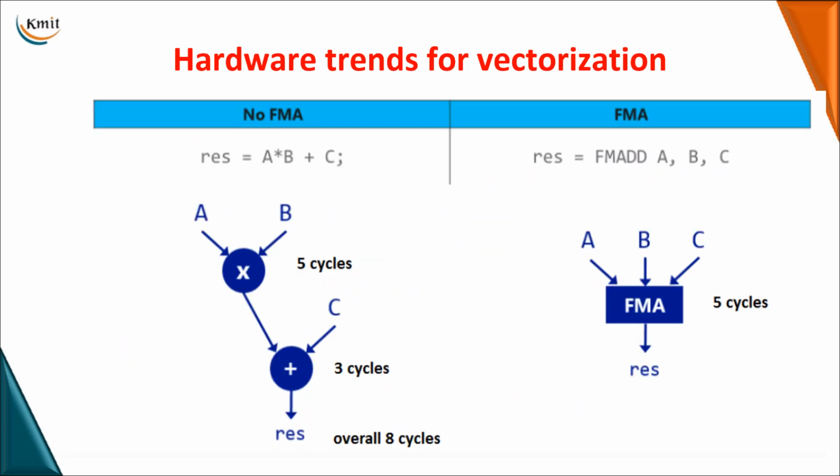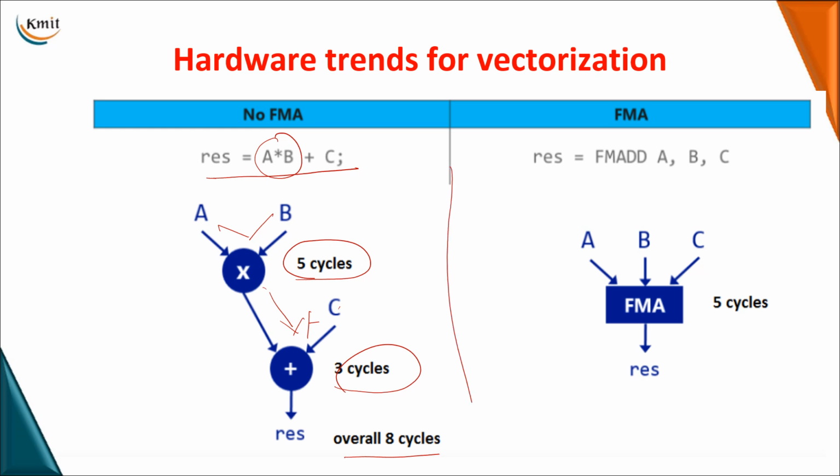Let me first discuss FMA here. Assume I have an instruction where I want to compute A into B plus C. Now here I don't have any FMA. So in the normal operation, you multiply A into B, then whatever result you get, you sum up with C. Assume it takes 5 cycles for the multiplication and 3 cycles for the addition, overall it will take 8 cycles.